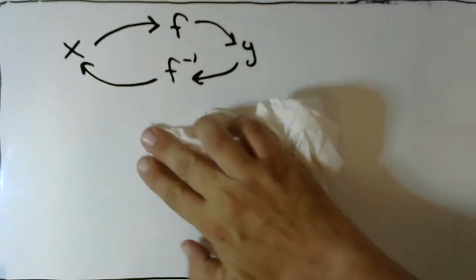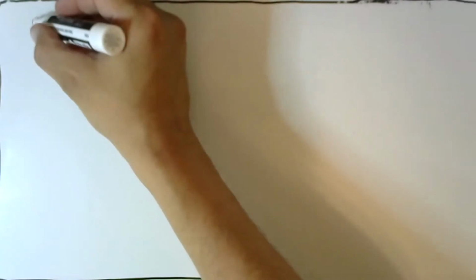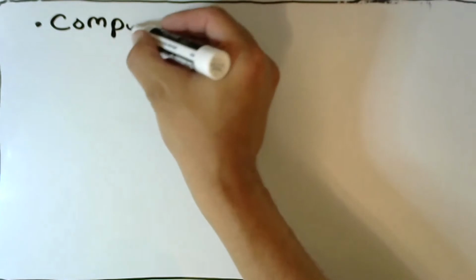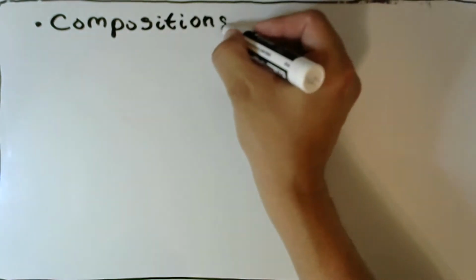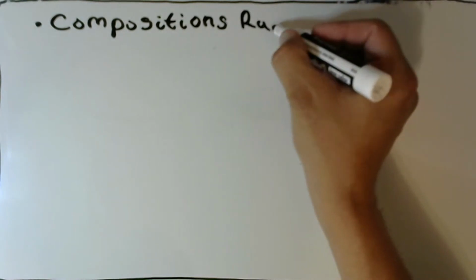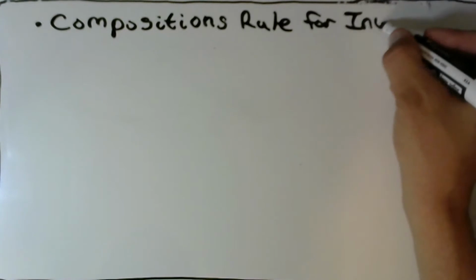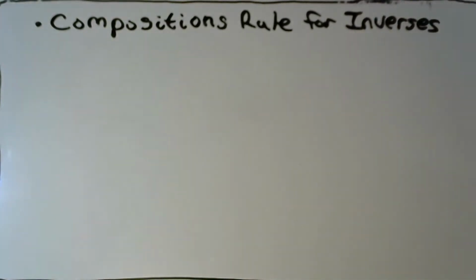So I want to talk about how do you know two functions are inverses? And this goes back to compositions, and there's a rule for compositions. It works like this.